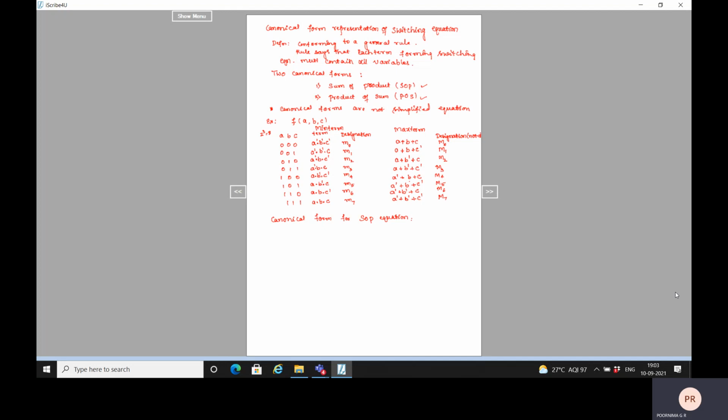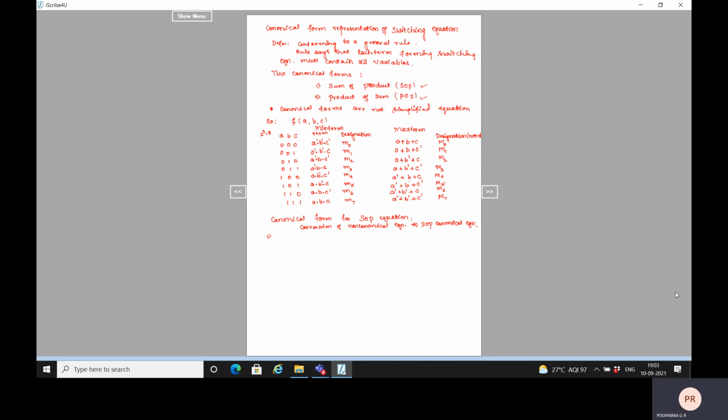It is the procedure that we are learning for the conversion of a non-canonical switching equation to an SOP canonical equation. For which, let us see the process we need to adopt.